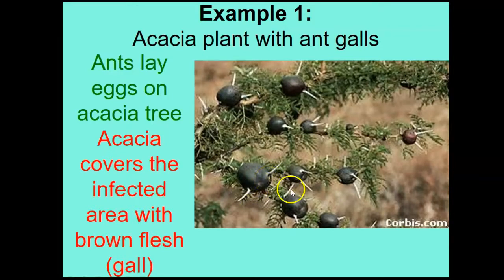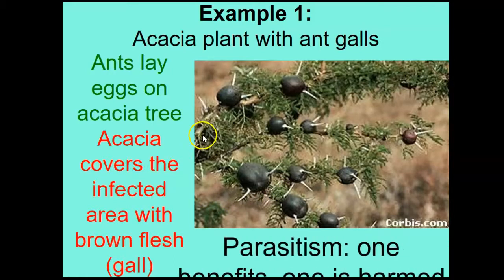If you were to try to figure out what kind of symbiotic relationship this is, who do you think is benefiting here? The ants are benefiting, but the tree is actually harmed because it is reacting to what it considers an infection. So this would be an example of parasitism.